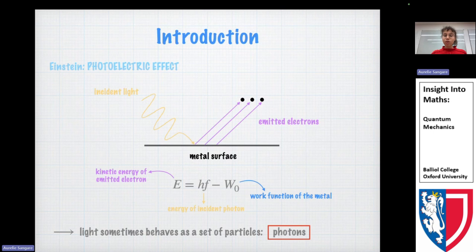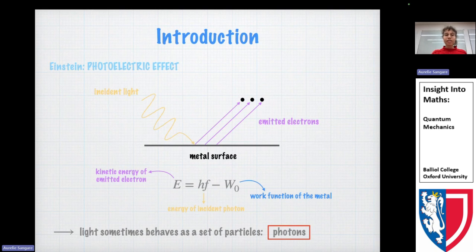And these electrons will be emitted with kinetic energy, which is the energy that they have because they are moving. And the kinetic energy of an electron which is emitted is given by the equation E = hf - W0.